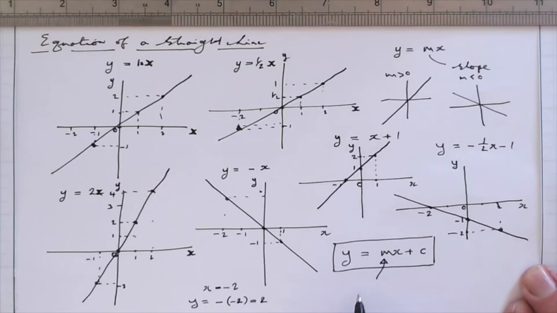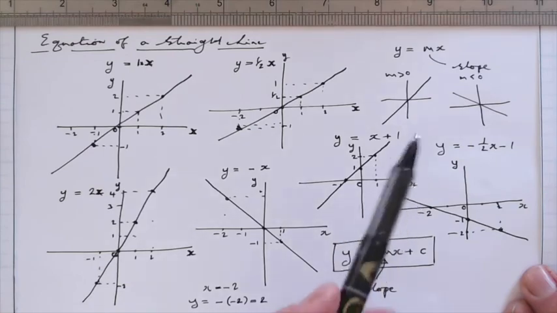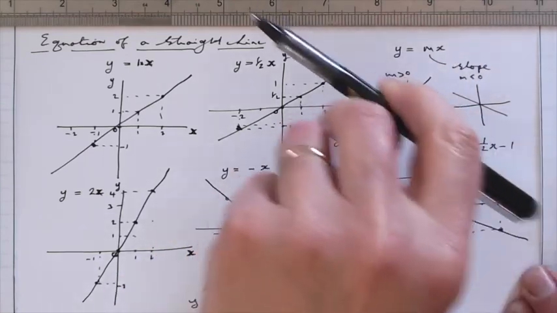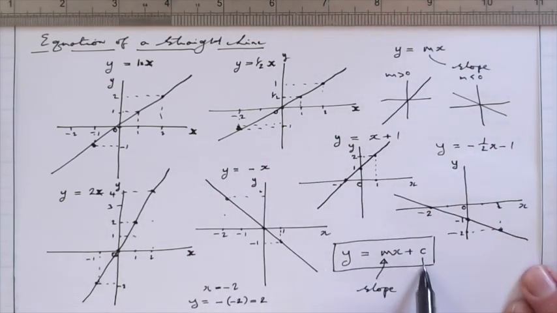The m is the slope of the line, and remember, if m is positive, your line will be oriented this way. If m is negative, your line will be oriented this way. And c is the value of y when x is 0. You see, because when x is 0, regardless of the value of m, y will equal c, and we call this the y-intercept.